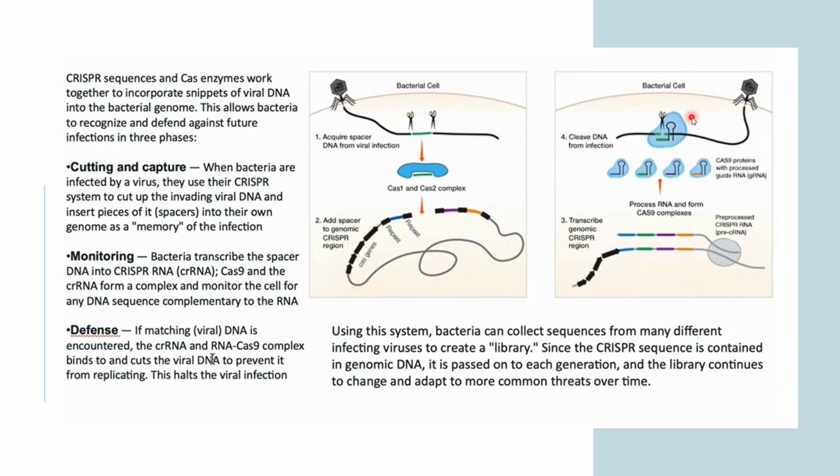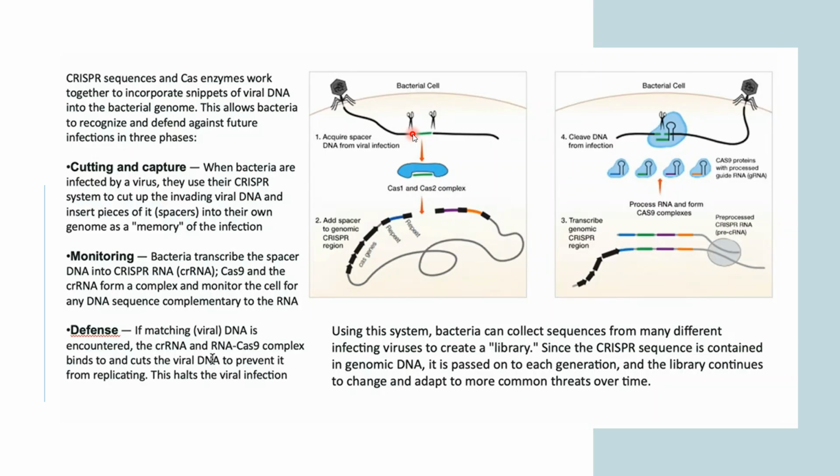So what happens, first of all, in these three phases? In the first phase, they will cut and capture the viral DNA from the virus, and then it is inserted into this spacer memory. So here, in between the spacer, they insert this viral DNA segment, and then the bacteria transcribe the spacer DNA into the crRNA, that is CRISPR RNA.